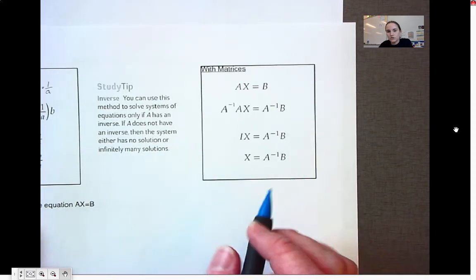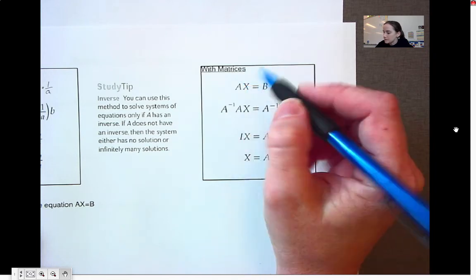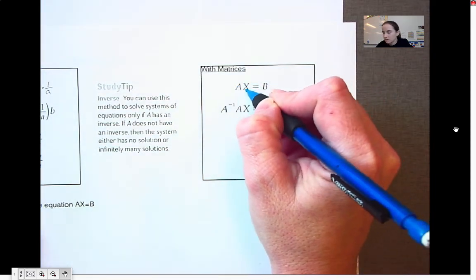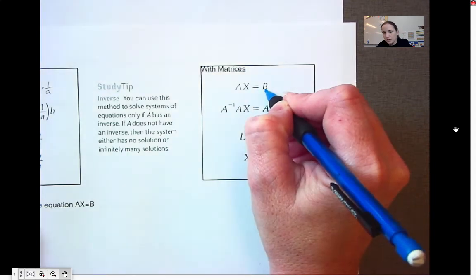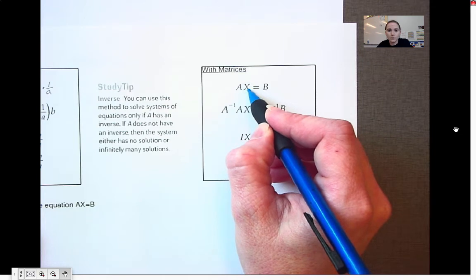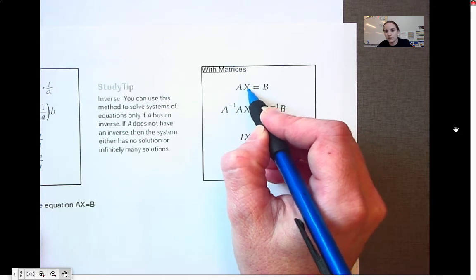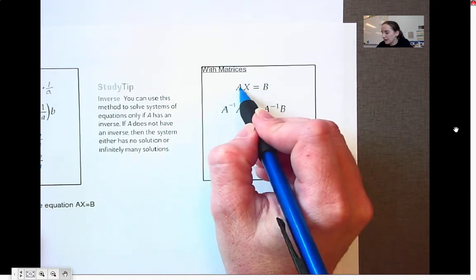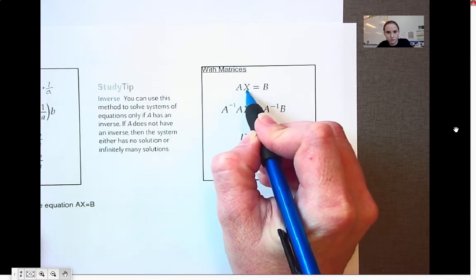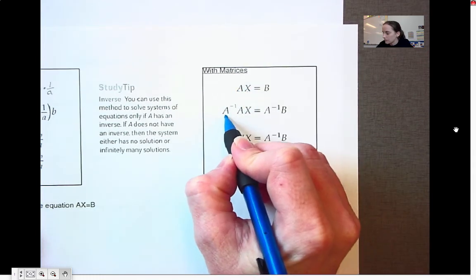Same thing with matrices. If I have a matrix A times a matrix X equals some matrix B, in order to solve for X, because that's the one that's holding our variables, I need to multiply A by its inverse so that I can get X alone. So I'll multiply by its inverse.